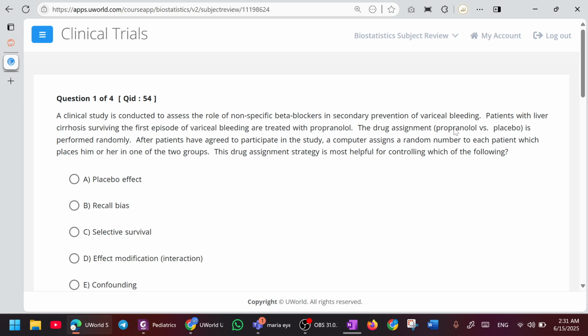The drug assignment, propranolol versus placebo, is performed randomly. After patients have agreed to participate in the study, a computer assigns a random number to each patient, which places him or her in one of two groups. The drug assignment strategy is most helpful in controlling which of the following?